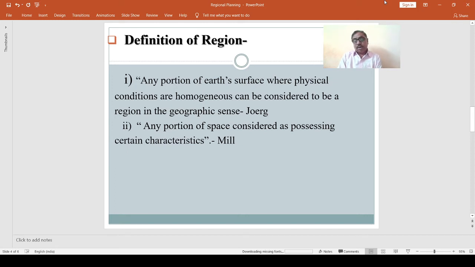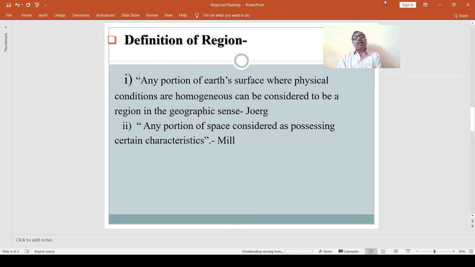Then another definition for the region is a unit of land having a unique character or homogeneity based on local features of geology, relief, soil, climate, vegetation, and a human way of life.